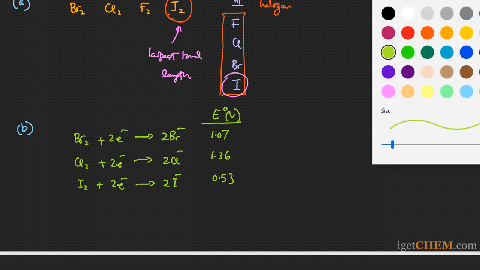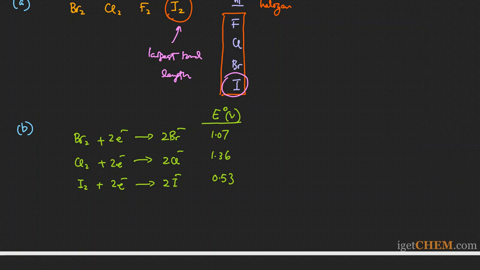The question says you have basically 3 different compounds at your disposal, and these are NaBr in an aqueous solution, Cl2 gas, as well as I2 solid.